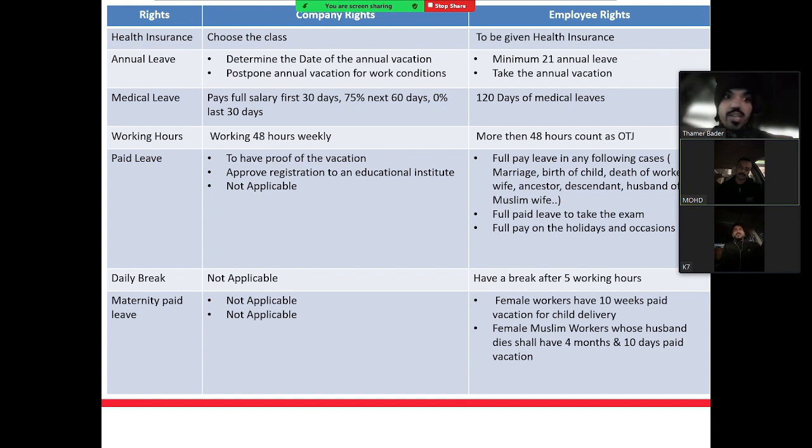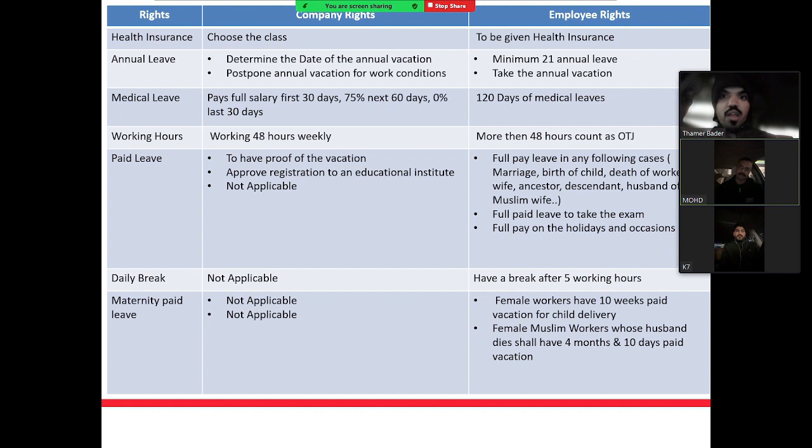So if the employee is feeling sick, within 1 year from the start of feeling sick, he has 120 days to have his medical leave. And here you can see first 30 days will be full salary, 75% next 60 days, and 0% last 30 days.